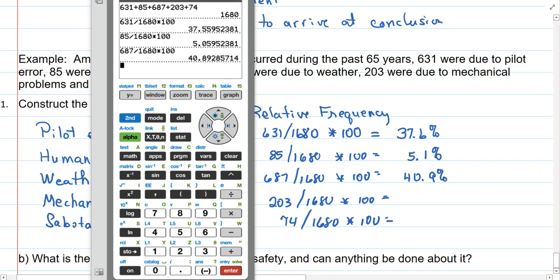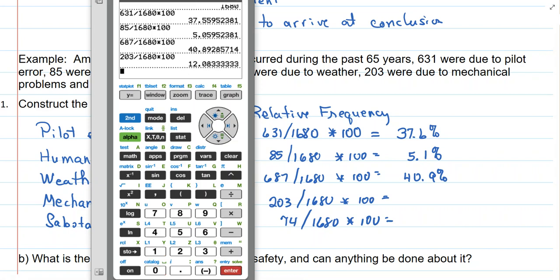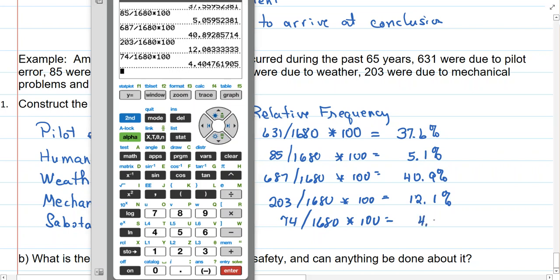I'm going to enter the 203 divided by the 1680 times that 100 is 12.1%. I'm going to have the small number here, the 74 divided by the 1680 times the 100. And we have the 4.4%.